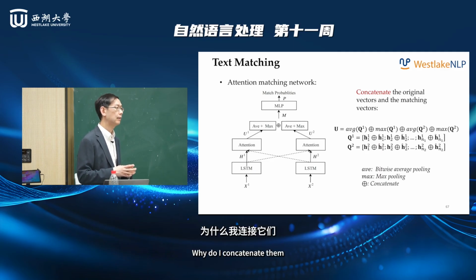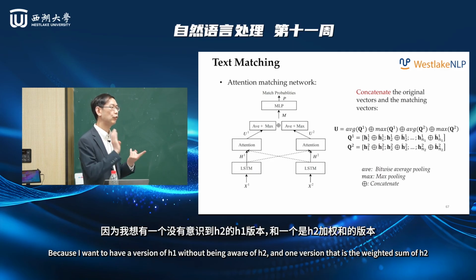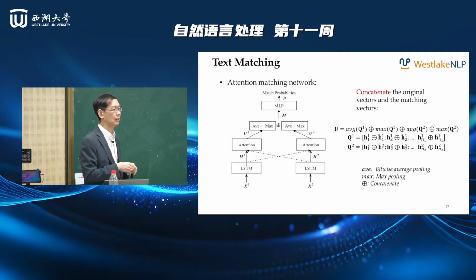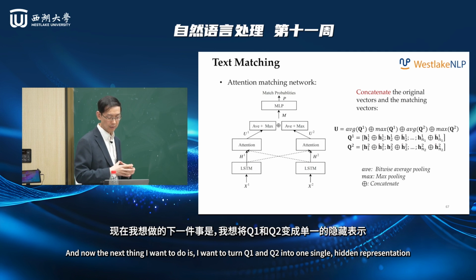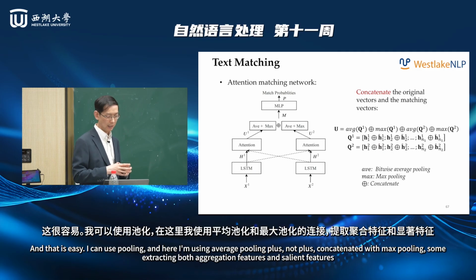Okay, why do I concatenate them? Because I want to have a version of H1 without being aware of H2, and one version that is the weighted sum of H2, okay? I add both features. And now the next thing I want to do is turn Q1 and Q2 into one single hidden representation. And that is easy. I can use pooling. And here, I'm using average pooling concatenated with max pooling.